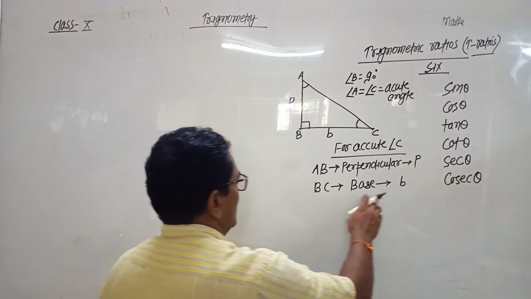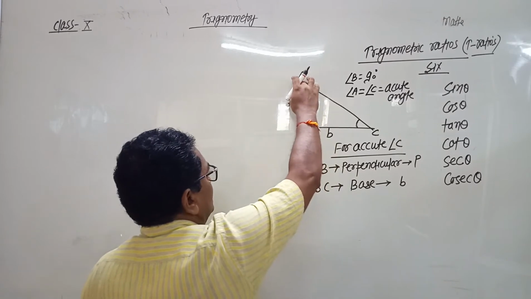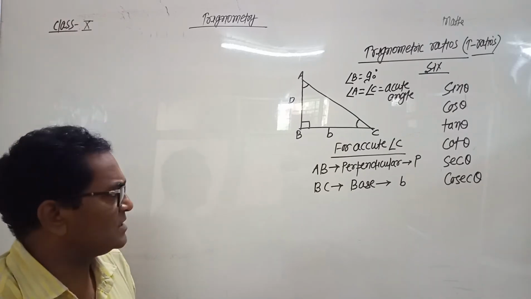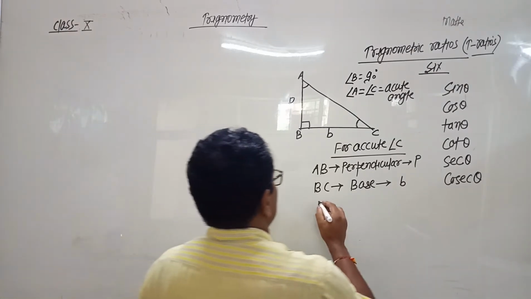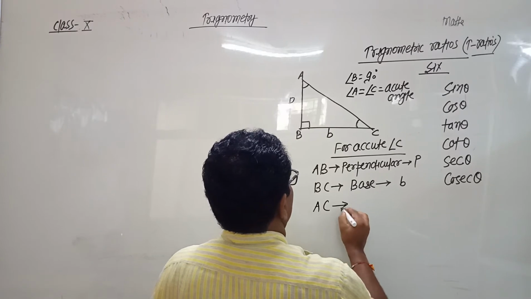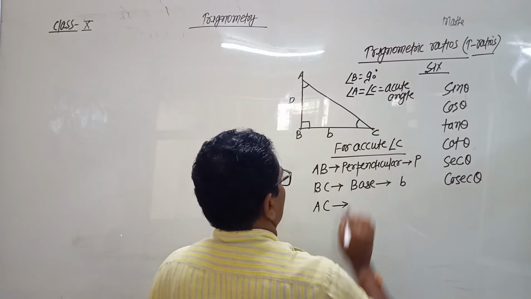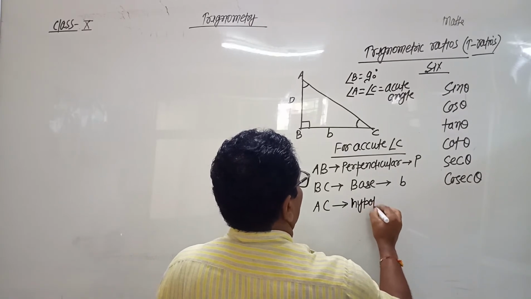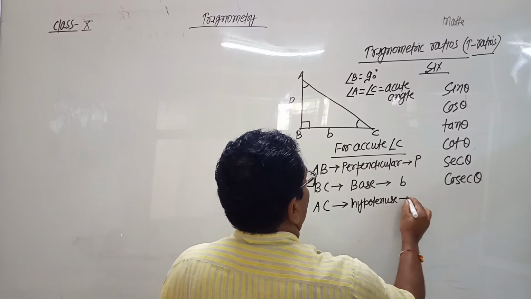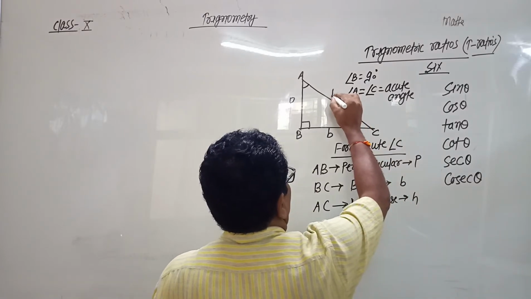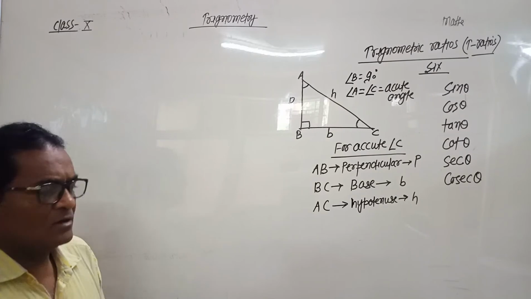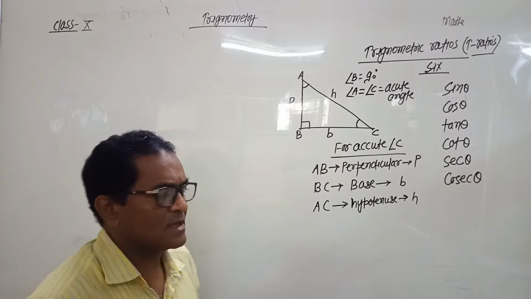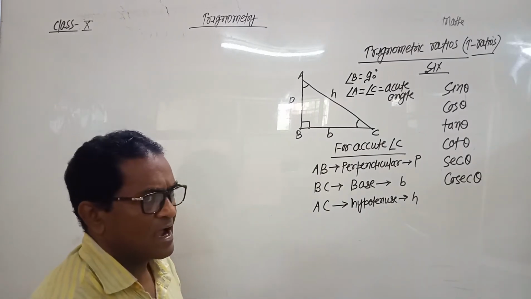So BC is called the base, and the line joining the perpendicular to the base is called the hypotenuse. So here AC is the line joining perpendicular and base. So AC is called the hypotenuse, and hypotenuse is represented by H. So for acute angle C, AB is the perpendicular, BC is the base and AC is the hypotenuse.